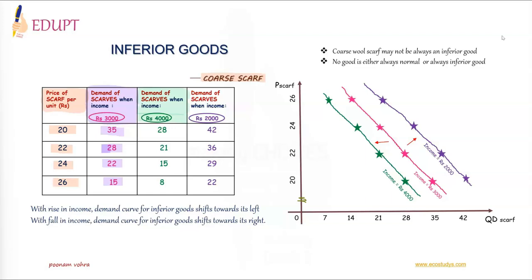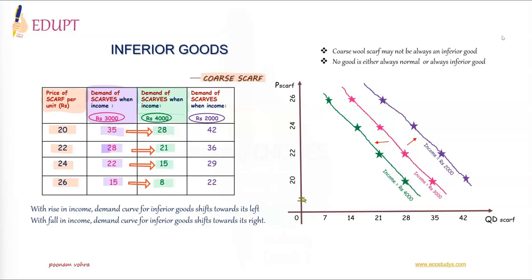Then at price rupees 20 per scarf, quantity demanded of scarves falls from 35 to 28, from 28 to 21, from 22 to 15, from 15 to 8 units. One can notice that with rise in income, there has been fall in demand for the coarse woolen scarf.